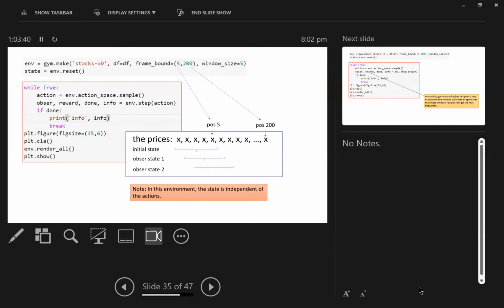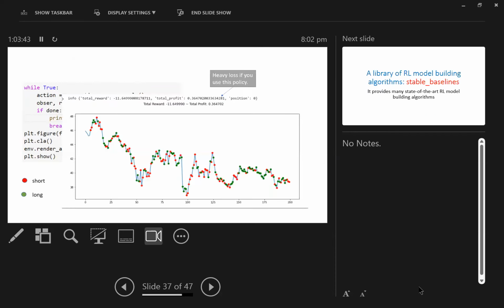What I'm going to say is, in the result here, every day this is the actual random action that I take: short, long, and so on. Based on this, it shows the trading position predicted by this random action.